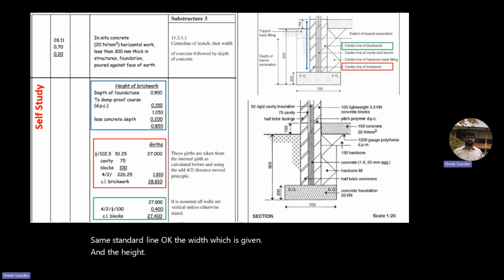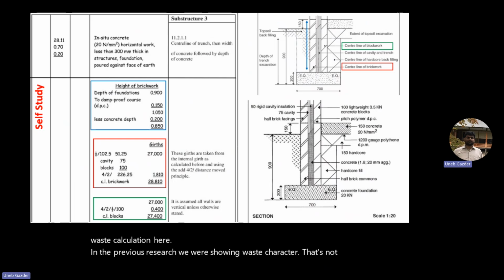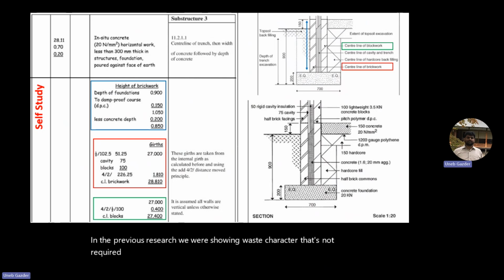So there is no other calculation required here, you can directly put it. You can see it's directly in column number 2. There is no waste calculation here. In the previous sheet we were showing waste calculation; it's not required here. So this is concrete. The type and strength of the concrete are given, and it's less than 300 meters.